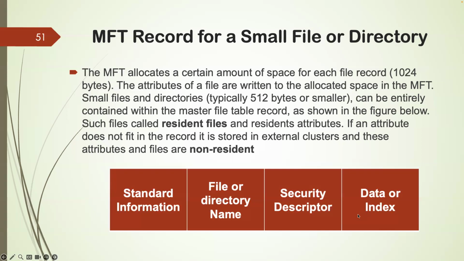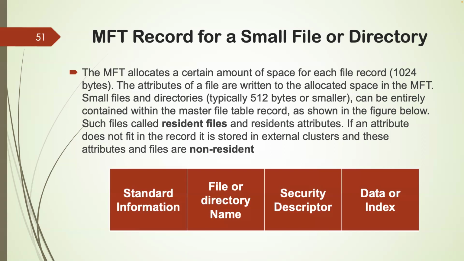So there are two types of attributes: resident, which completely reside in the MFT record. Standard information and file name are generally resident attributes because they are there in the MFT record. Then data is one attribute that can be resident for very small file sizes, like just one or two characters or one sentence in your txt file or document file.